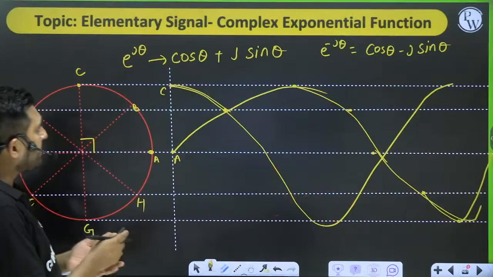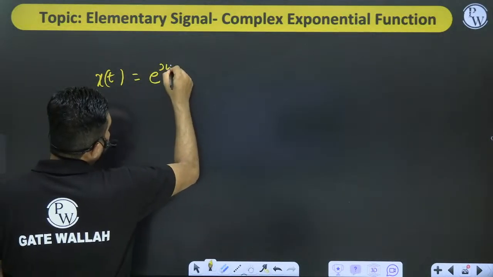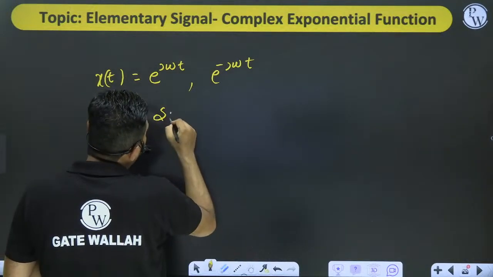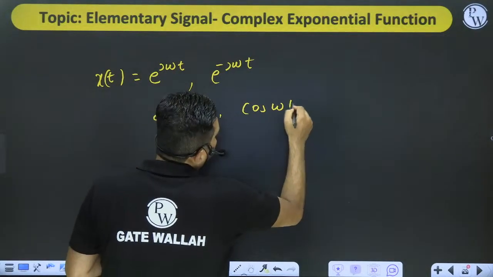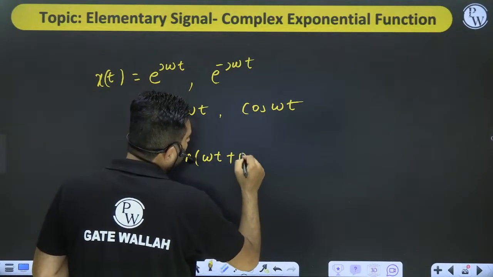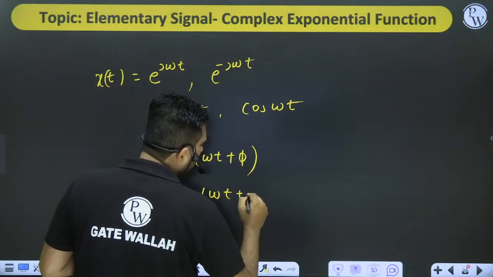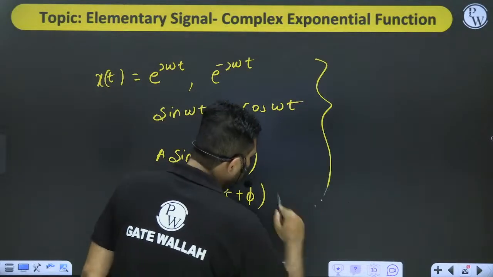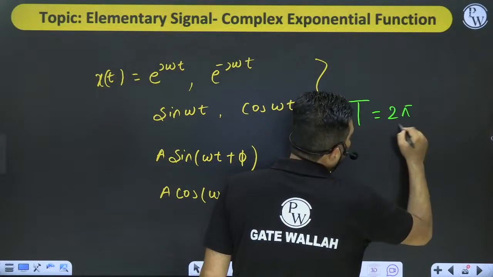So when I have an x of t equal to, let's say, e to the power j omega t or e to the power minus j omega t, or more precisely sine omega t or cos omega t, or a sine omega t plus phi or a cos omega t plus phi, for all these functions, mind it, the capital T comes out to be 2 pi by omega.